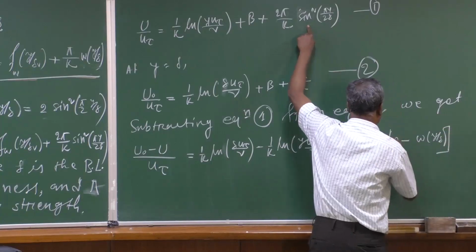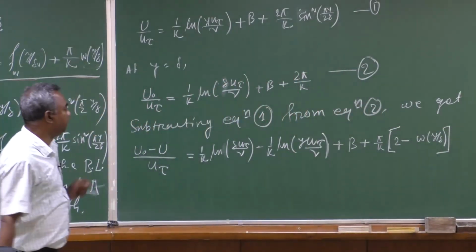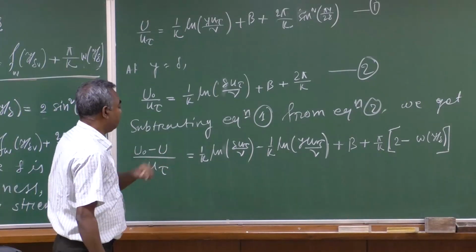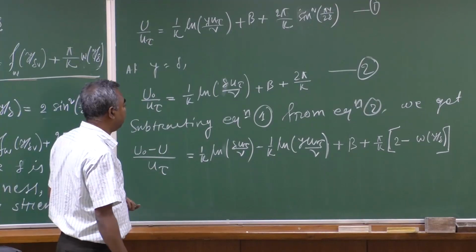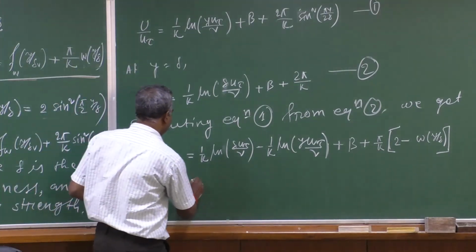Let me use this. Okay. So, this is what is your velocity defect in the turbulent boundary layer. This can be rearranged.